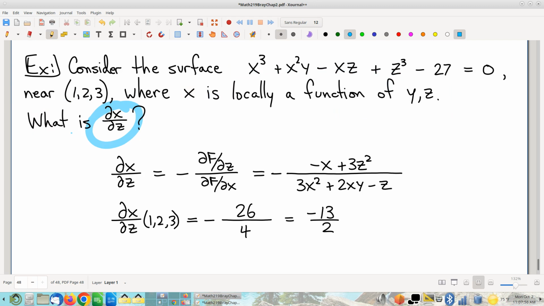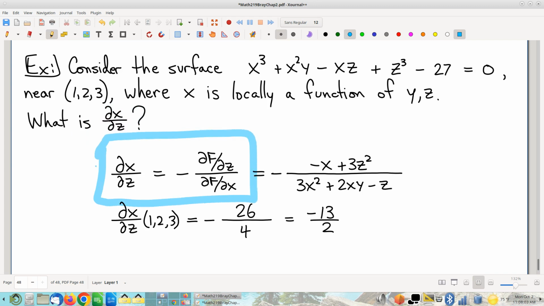And I'm going to use the formula that we just established. Here's that formula. Now the variables here aren't xi and xj and stuff like that. Right here, the variables are x and y and z, so I've adapted the formula appropriate to what the variables are that we're actually interested in.